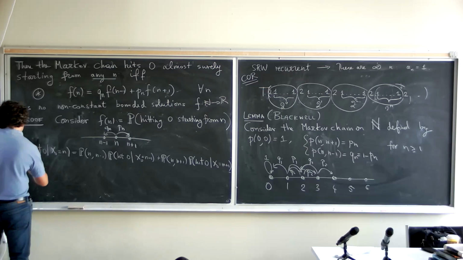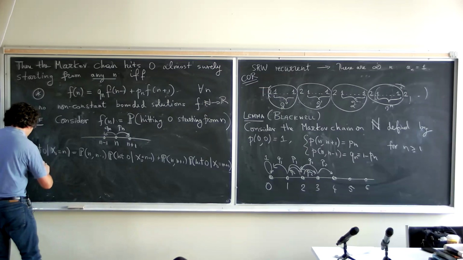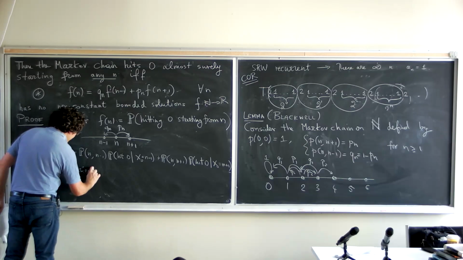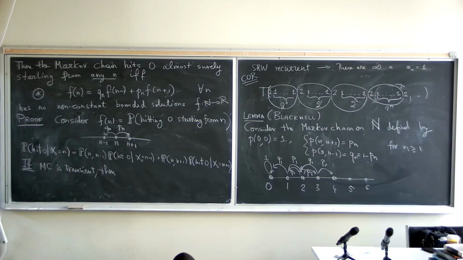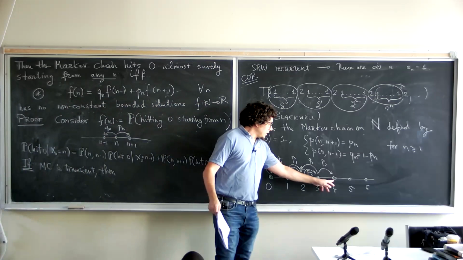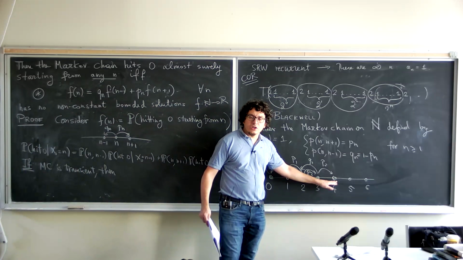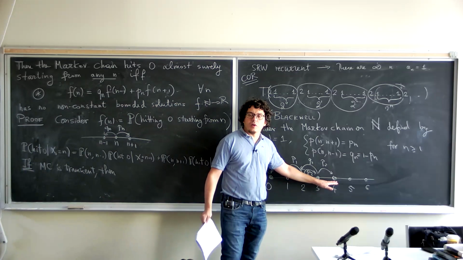So clearly, if the Markov chain is transient, then what do we know about f? Is it constant? It cannot be constant. Why? What does it mean that it's transient? It means that starting somewhere, you have a positive probability of never going to 0.